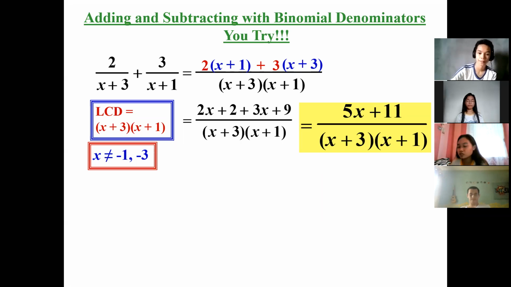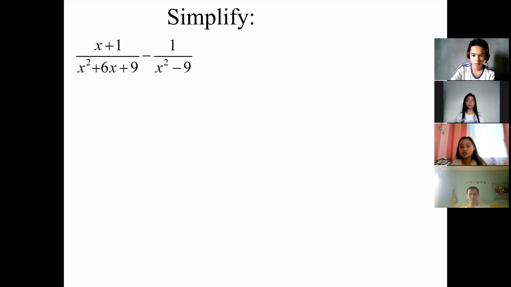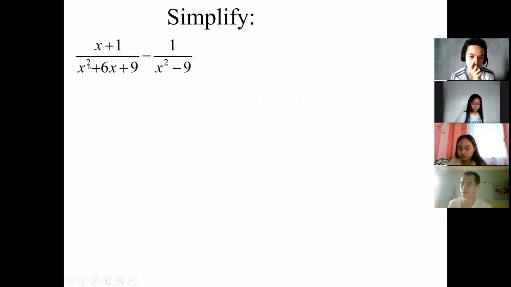Okay? So let's proceed with another example then. We have here quite a difficult example, class, because our denominators are actually a trinomial and a binomial. But then again, it would be easy for you to add or subtract if you express your trinomial and your binomial into factors.